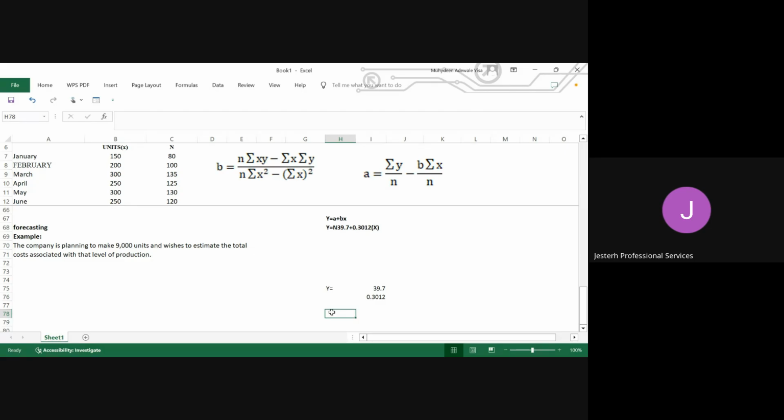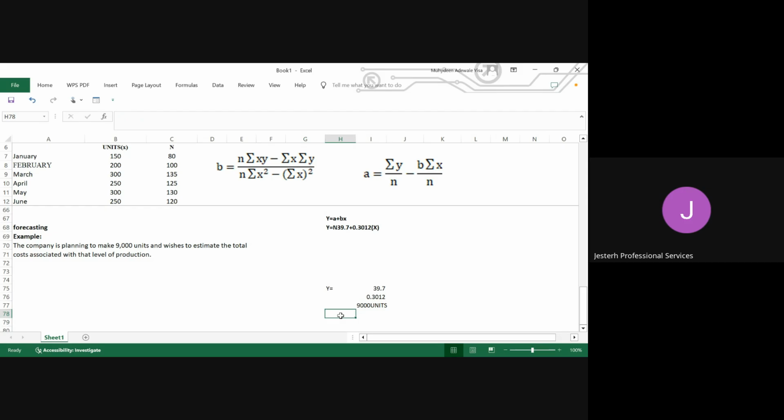Now, the summation of the total level of activities the organization plans for now is 9,000 units. Now, how do we calculate this to help them get the associated total costs?